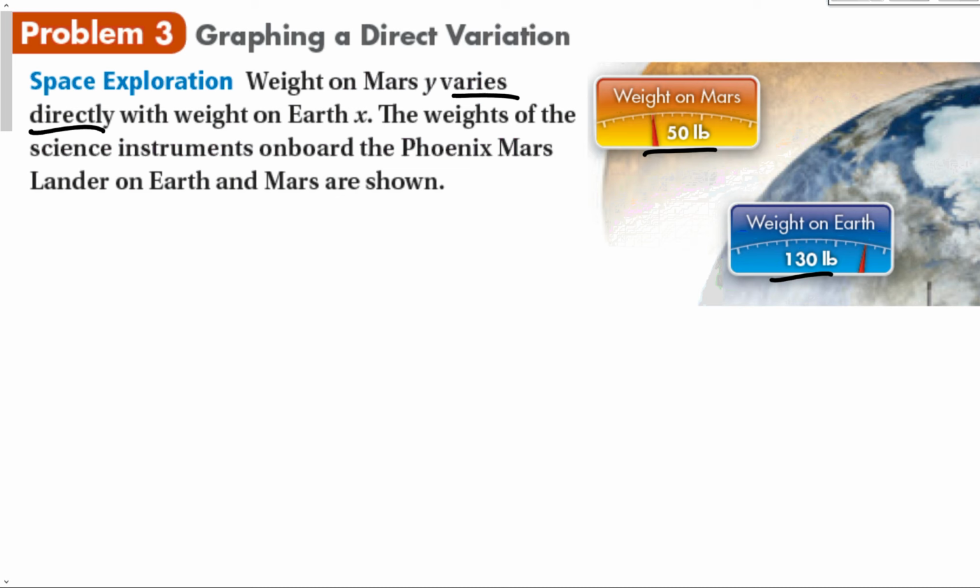Varies directly. When we see those words, y varies directly with x. So Mars is y, Earth is x. So y is going to be equal to some constant times x. So the weight on Mars is going to be equal to some constant times the weight on Earth, x.